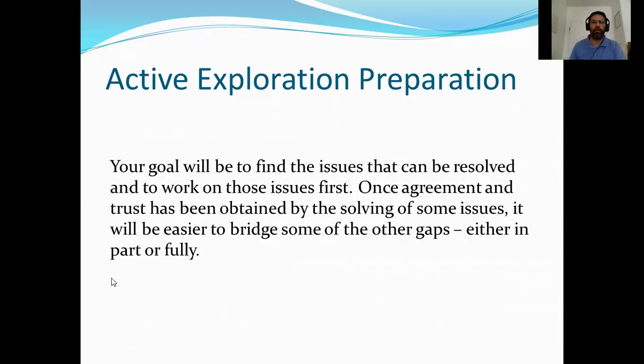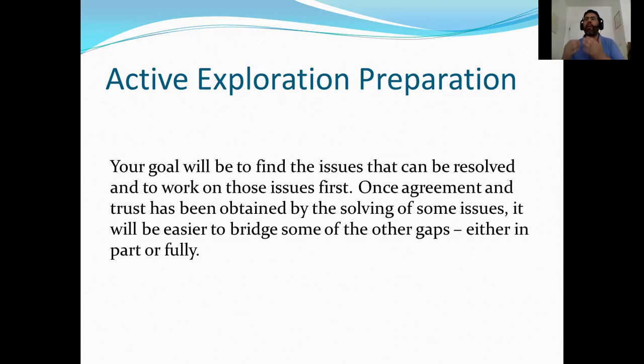Your goal will be to find the issues that can be resolved and to work on those issues first. Once agreement and trust has been obtained by the solving of some issues, it will be easier to bridge some of the other gaps, either in part or fully.